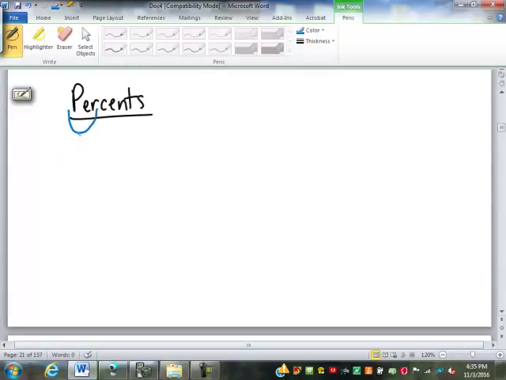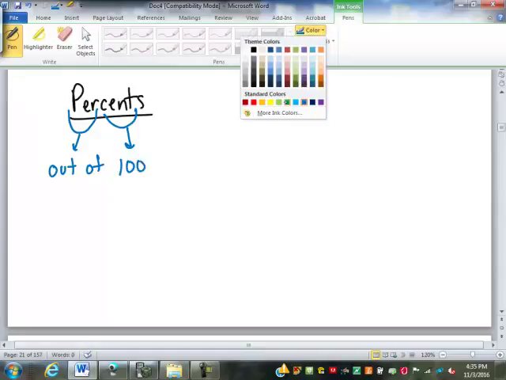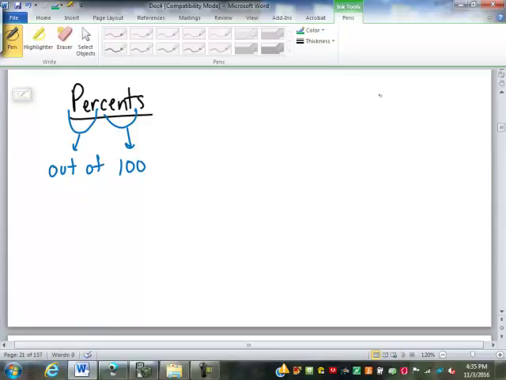Per, you think of like miles per gallon or dollars per hour, it's for each or out of. And cent. If you think of cents in a dollar or years in a century, that's 100. So percent literally means out of 100. So if I say 34%, that literally means 34 out of 100 as a ratio.